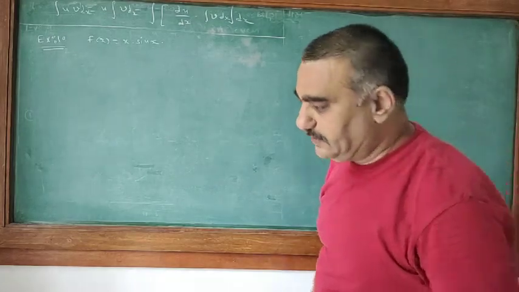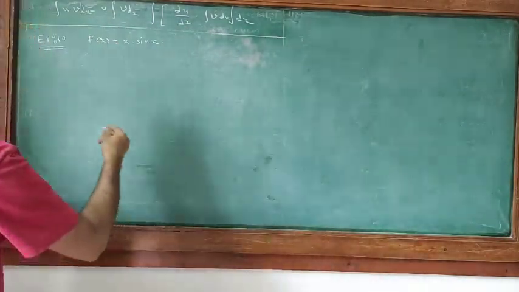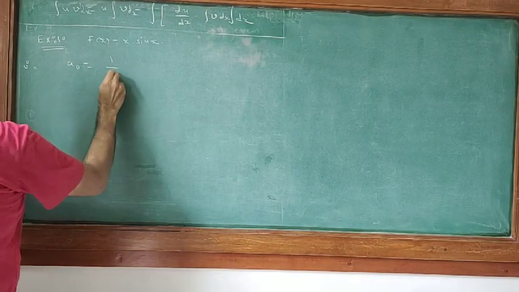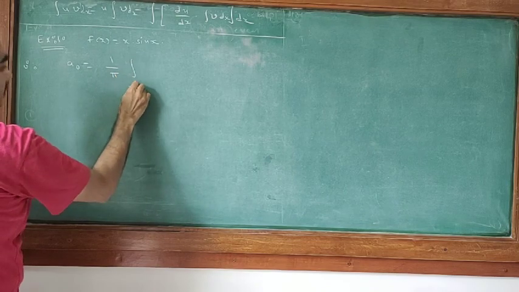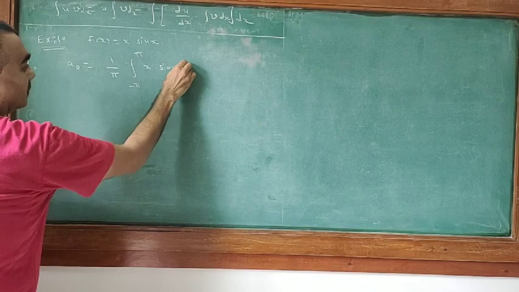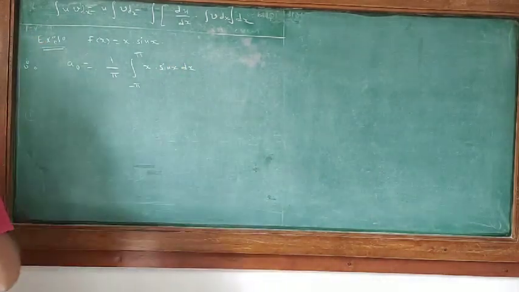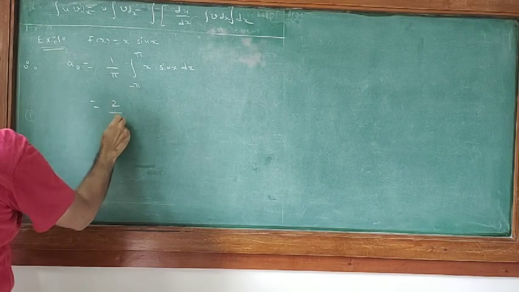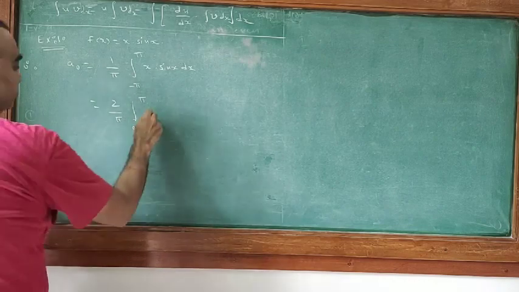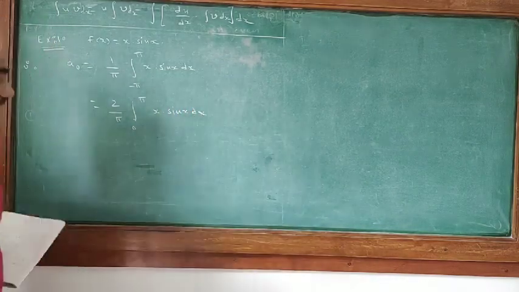And therefore we start the calculation of this sum with a0. So this is equal to 2 upon pi, 0 to pi, x sin x dx.